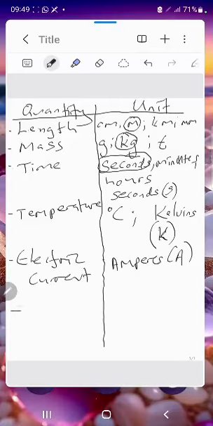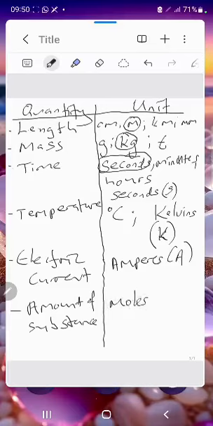Another quantity is amount of substance. Amount of substance is measured in moles, represented by mol.